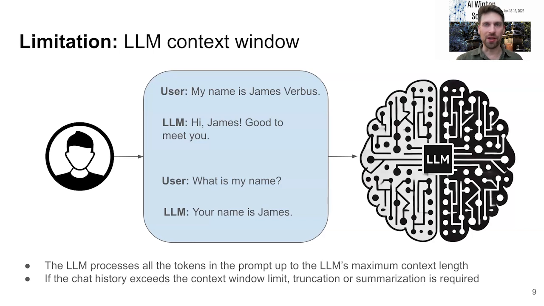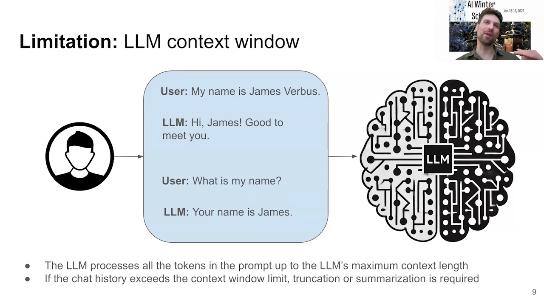There's a limitation though in the LLM itself, which is the context window. This is fixed during the training process. It's kind of a design choice when you're creating the LLM and training it. The LLM processes all tokens in your input prompt up to this maximum context length.